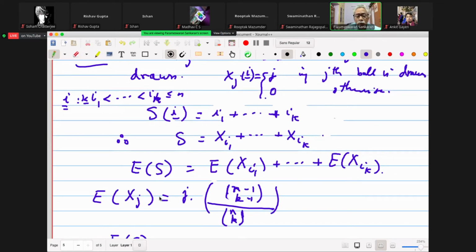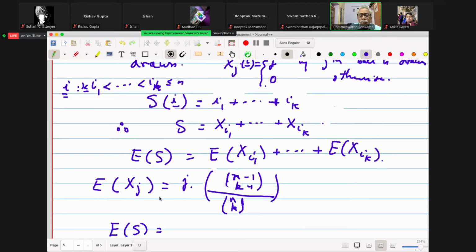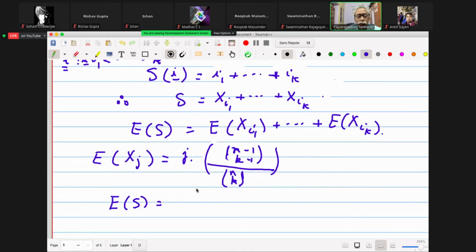Each one of them is the same number. So summation I1 plus blah blah blah plus IK, that is this one, times, so sum over this I, times this same number, n minus 1 choose k minus 1.